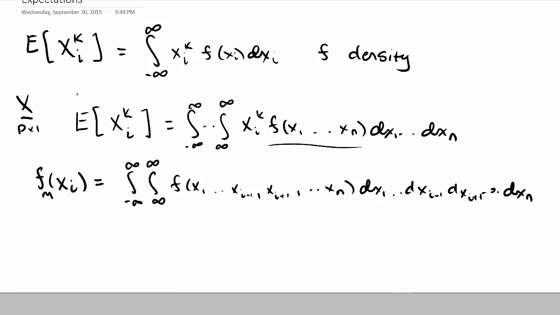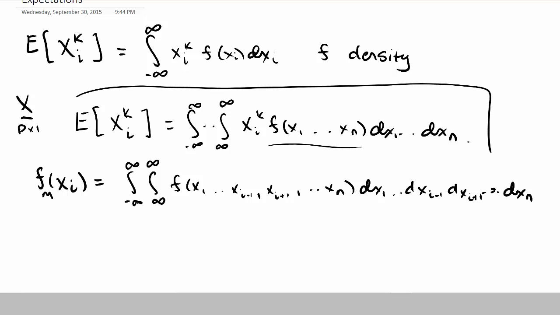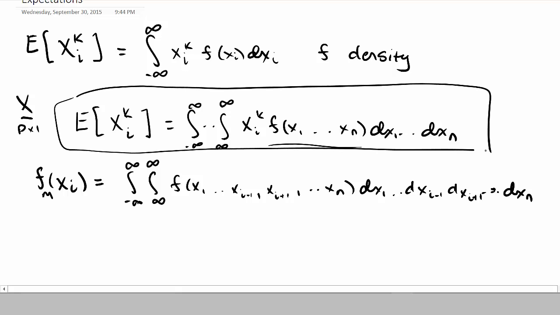But if you look at this multivariate definition of the expected value, we could reorder these collections of integrations into whatever order we want. So we could first do the integral with respect to every one of these variables except xi, and then we would just be calculating this marginal distribution, and we would be back to this definition above.